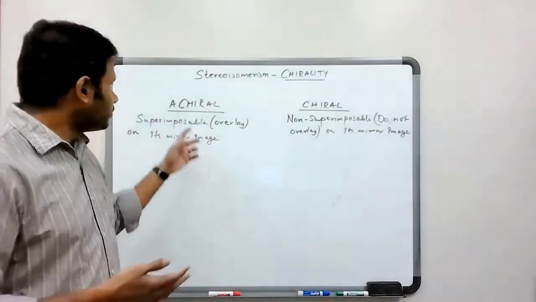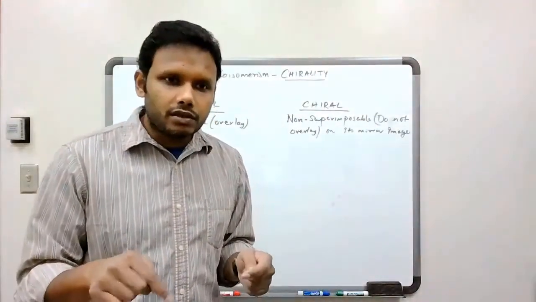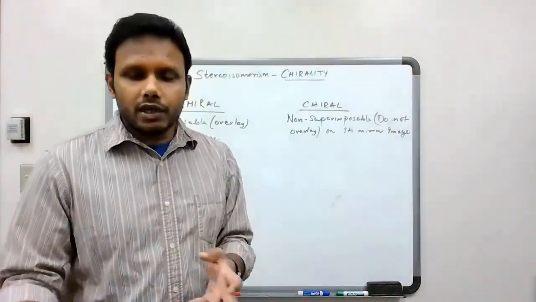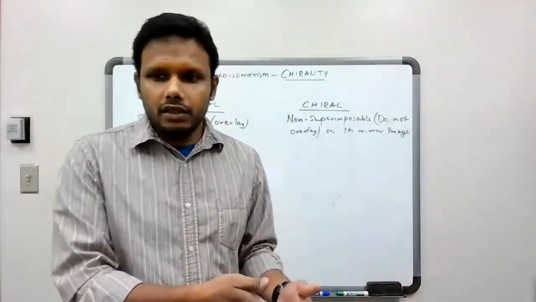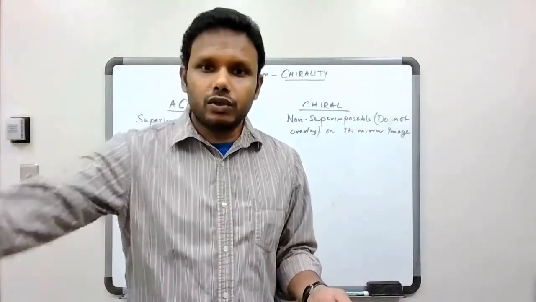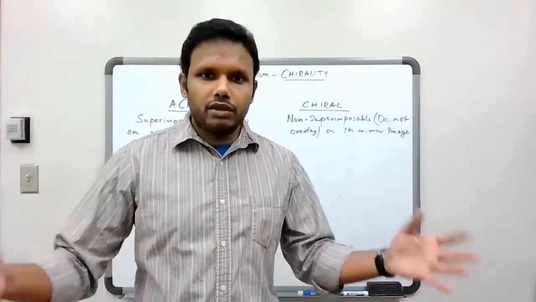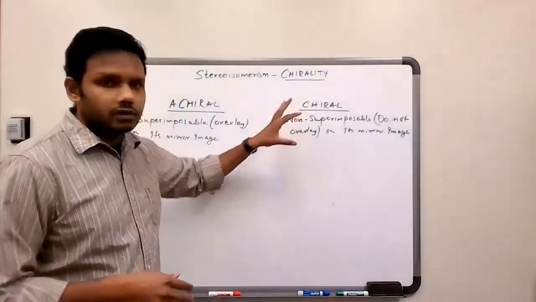So they would be achiral objects. But if I also consider the interior, let's say the driver's seat is on the left-hand side in the object, then its mirror image, that driver's seat, is going to be on the right-hand side. That means they will not superimpose. So that would be another example of a chiral object.